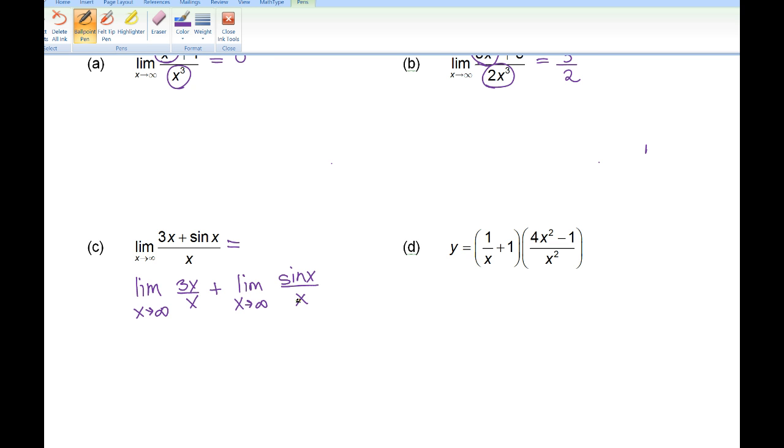No, we have to separate it into 2 fractions. So 3x over x plus sine x over x. If this was multiplication, then we would just put the x under one of them, but because it's plus, imagine if we had to combine these. What would you need? You would need a common denominator.